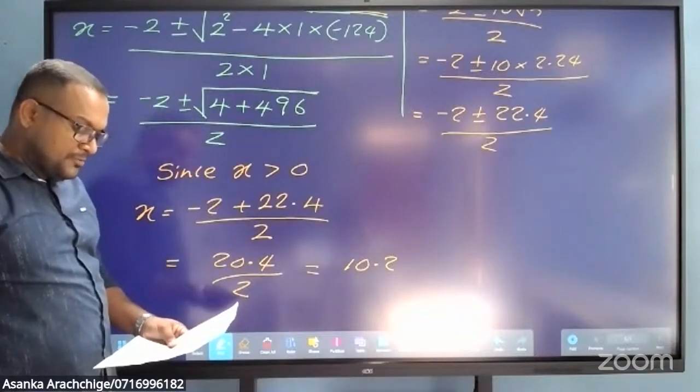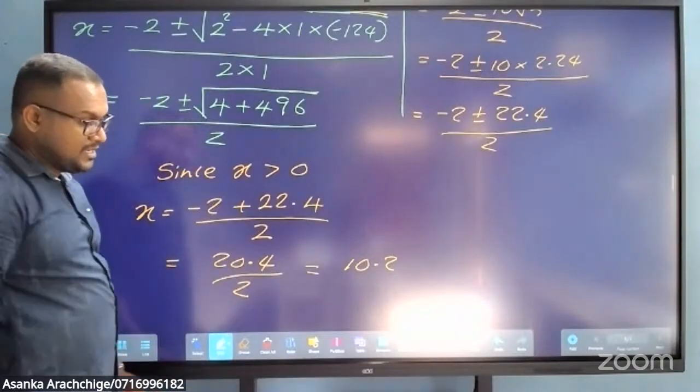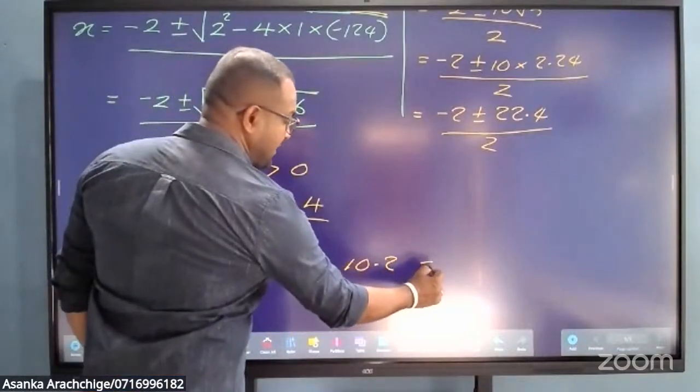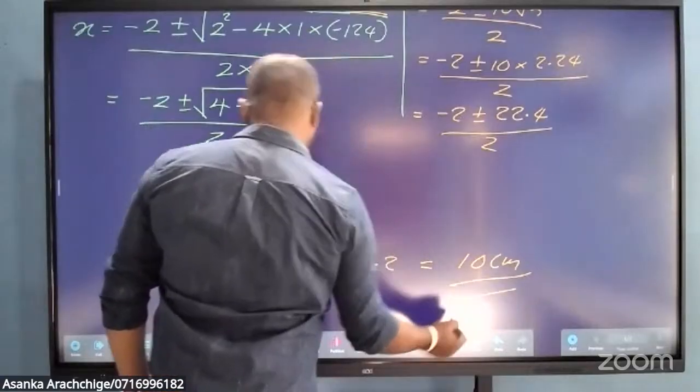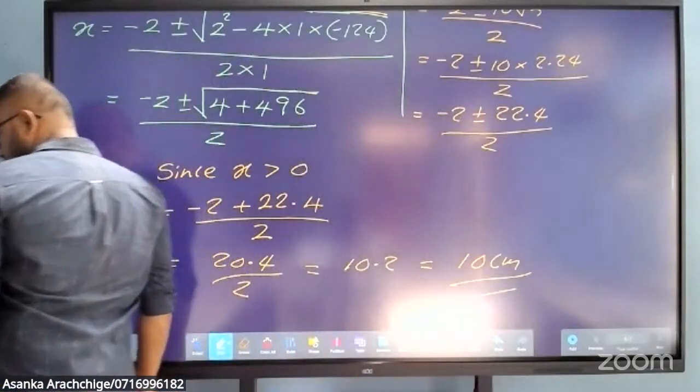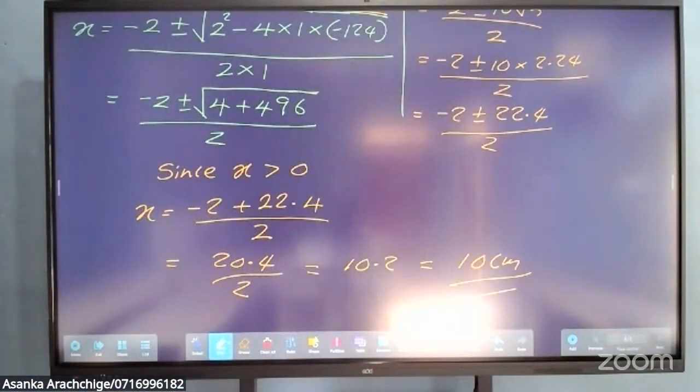Find the value of x to the nearest centimeter. Therefore, to the nearest centimeter, 10 centimeters. Correct.